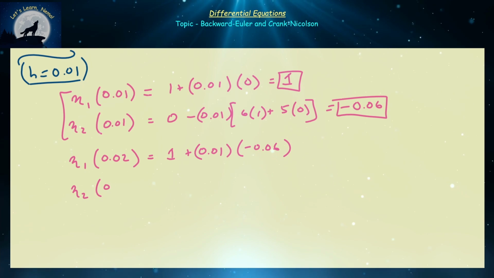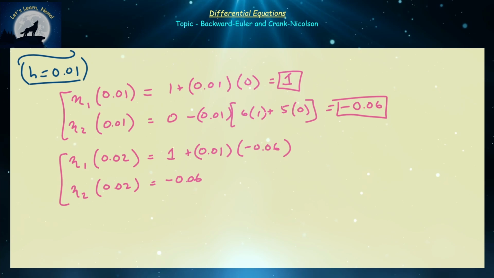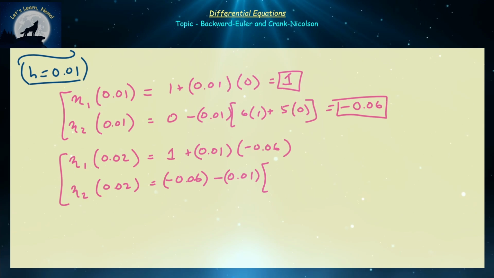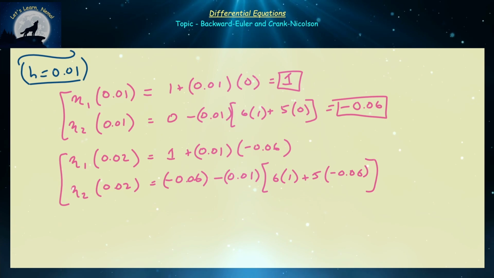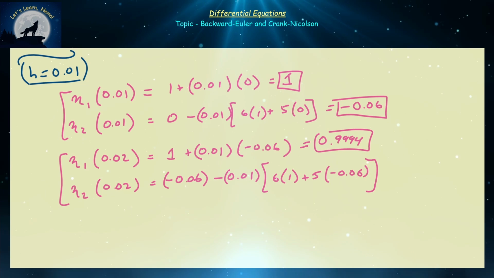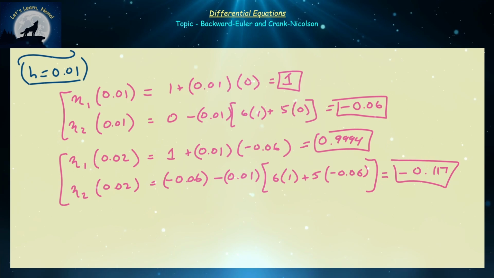And then eta 2 at 0.02 will be equal to the last value of eta 2, which is negative 0.06, minus our h value times 6 times 1 plus 5 times negative 0.06. And once we find out those values, that's going to be approximately 0.9994. And this is going to come out to approximately negative 0.117.